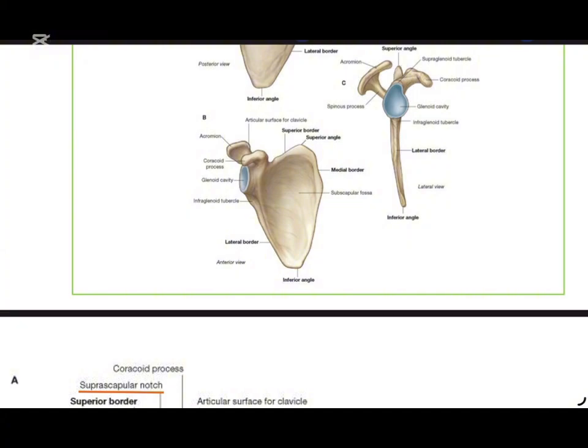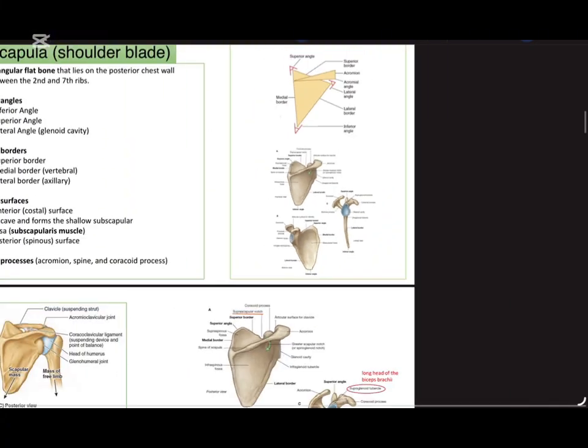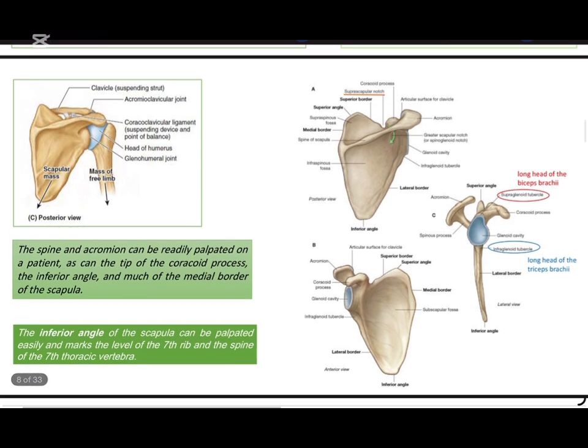It also gives attachment for the long head of biceps brachii muscle. And inferior to this cavity, I have the infraglenoid tubercle. It is a site of attachment of a different muscle, we call it the long head of triceps brachii muscle. Okay?